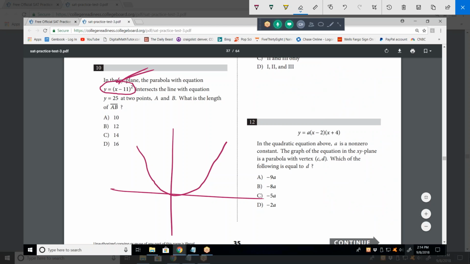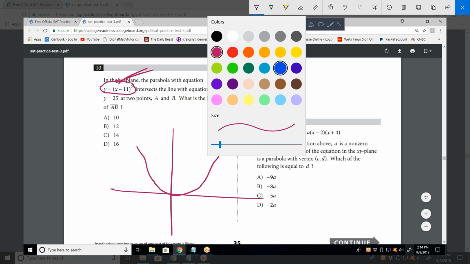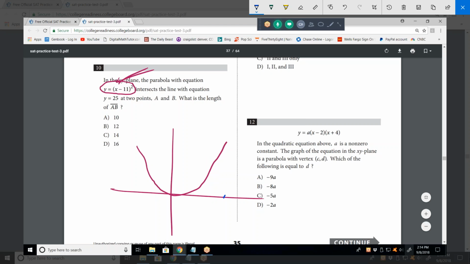Is this a vertical or a horizontal transformation? Horizontal. By how many and which way? 11 to the right. Good. So all I'm going to do is move my vertex there. And that is y equals (x minus 11) squared.